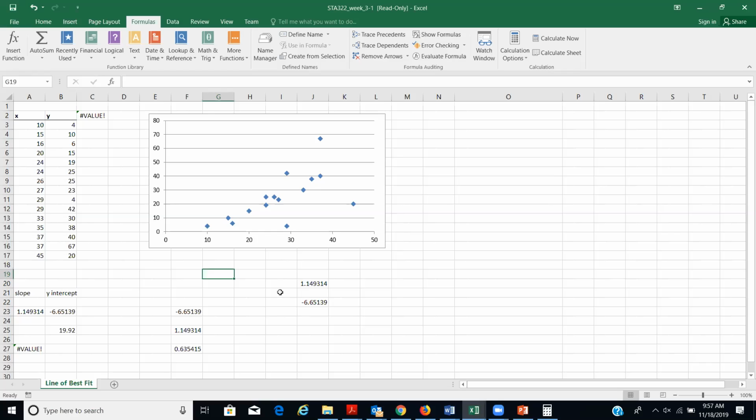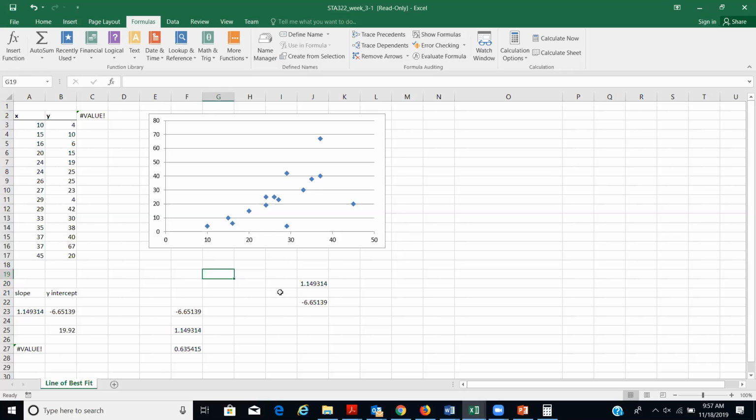Okay. Now let's take a look at the correlation coefficient. The correlation coefficient is merely a way of saying how closely aligned these two data sets, X and Y, are.